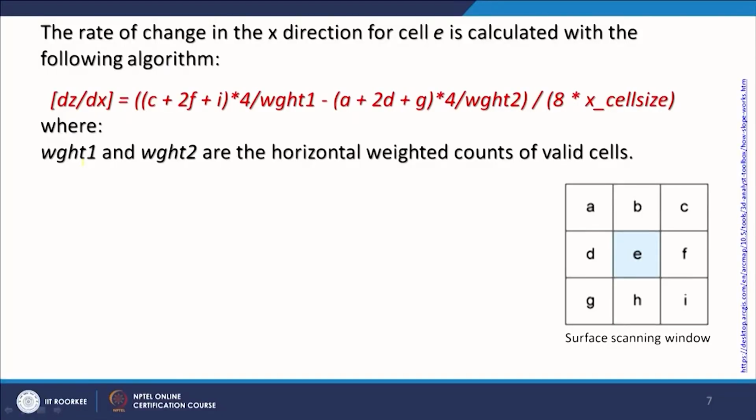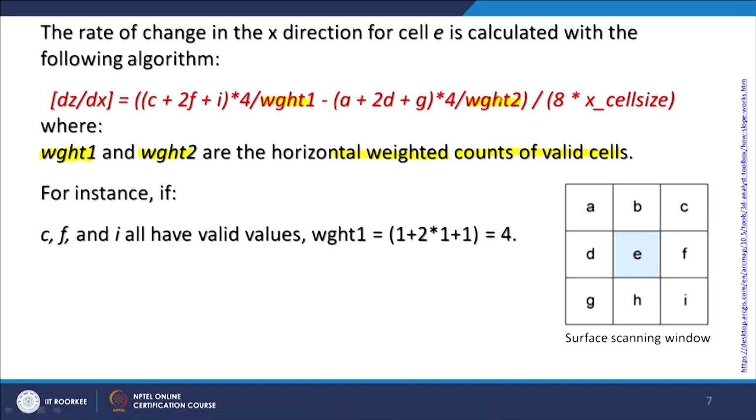Again, there are weights. Weights can also be given, as I have been telling earlier. For each cell in the neighborhood, weights can be given, and that becomes a typical spatial filter if we bring in the analogy of digital image processing. So, weight 1 and weight 2 are horizontal weighted counts for valid cells, here weight 1 and weight 2 in the above equation. For instance, I may assign some weights here.